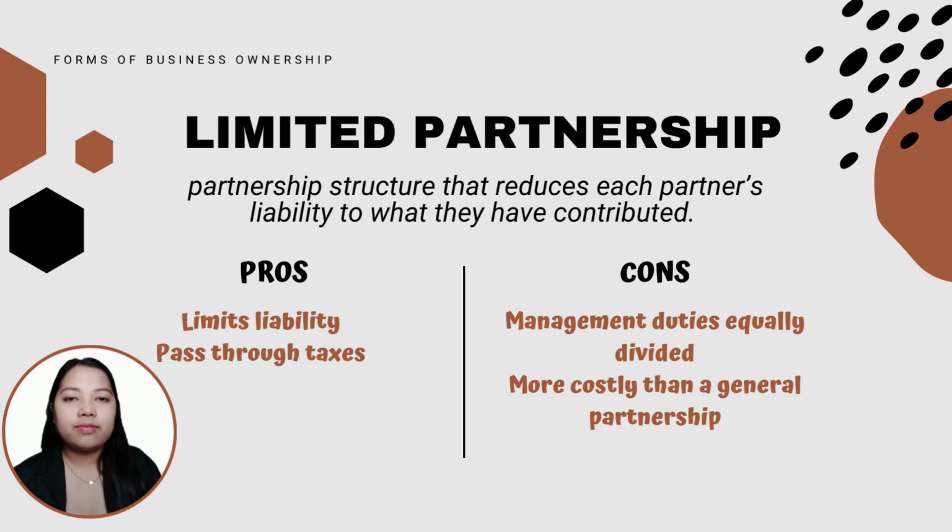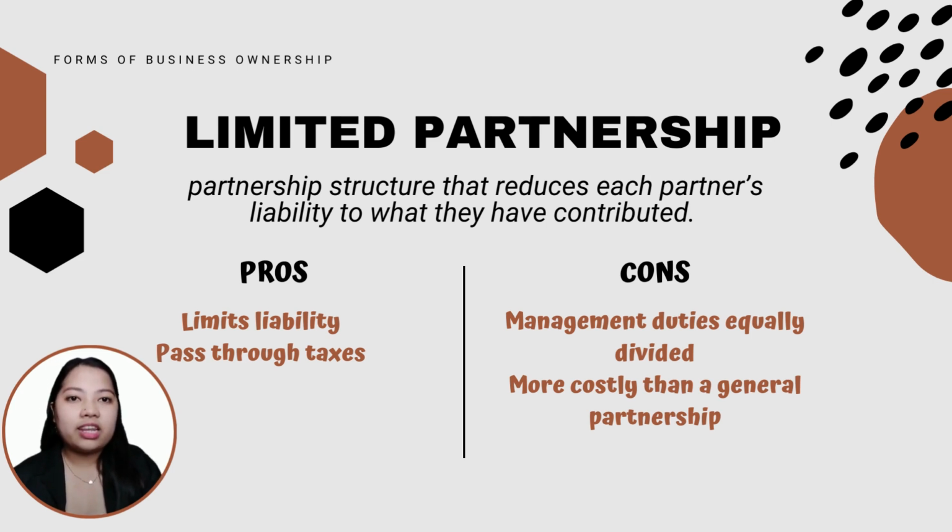Next is the pass-through taxes. A limited partnership also enjoys the advantage of pass-through tax treatment, as it is taxed like a general partnership in that the profits and losses are passed through to the partners, who can include their allocated income on their personal tax returns. Next is the cons or the disadvantages.